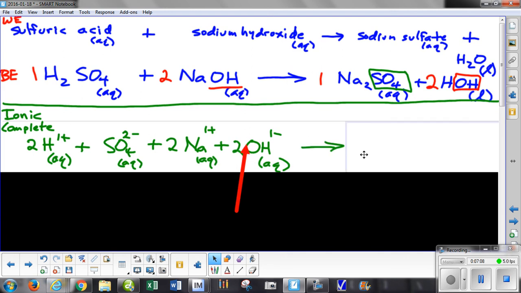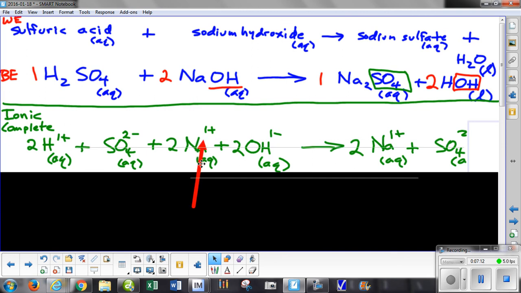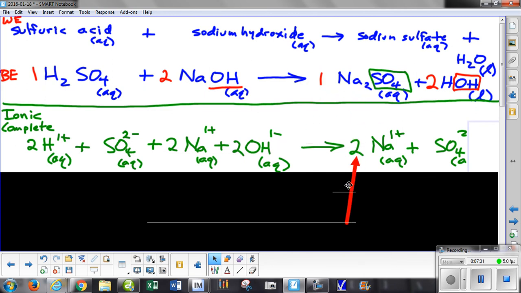And on the other side, sodium, instead of being with the hydroxide like it is here, is now with the sulfate. So this sodium got together with this sulfate and gave us our sodium sulfate, but this is still an aqueous solution. So we have 2 sodiums here because 2 times 1 is 2.